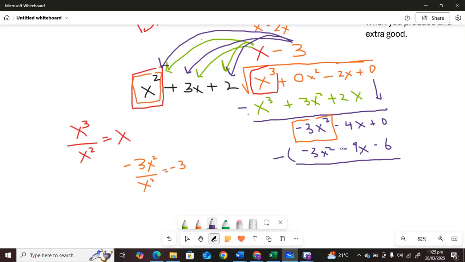Again, negative and negative make it positive. So it's like negative 4x plus 9x, you get positive 5x. Then you have 0 minus negative 6. Negative and negative make positive, so it's the same as 0 plus 6, you get positive 6.